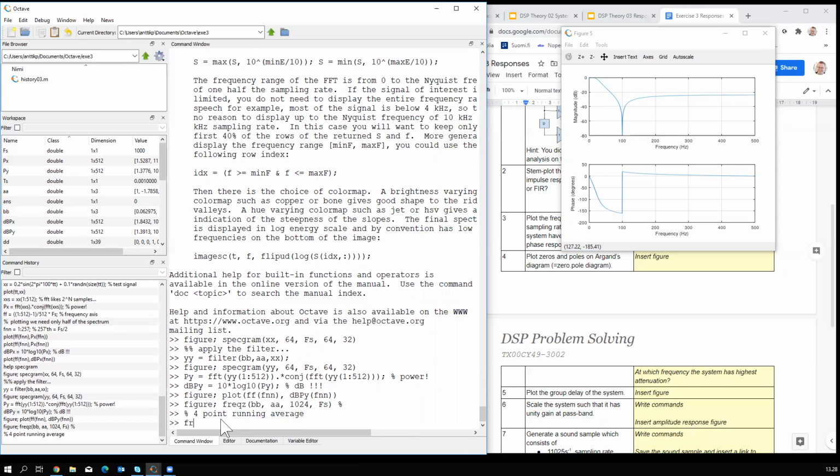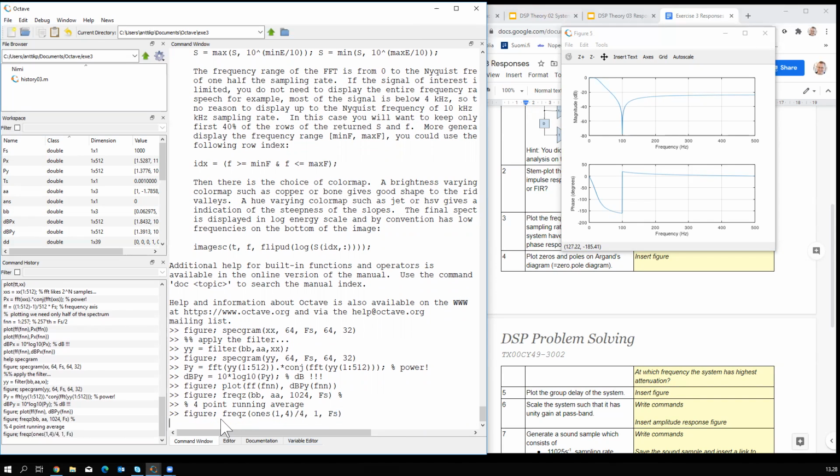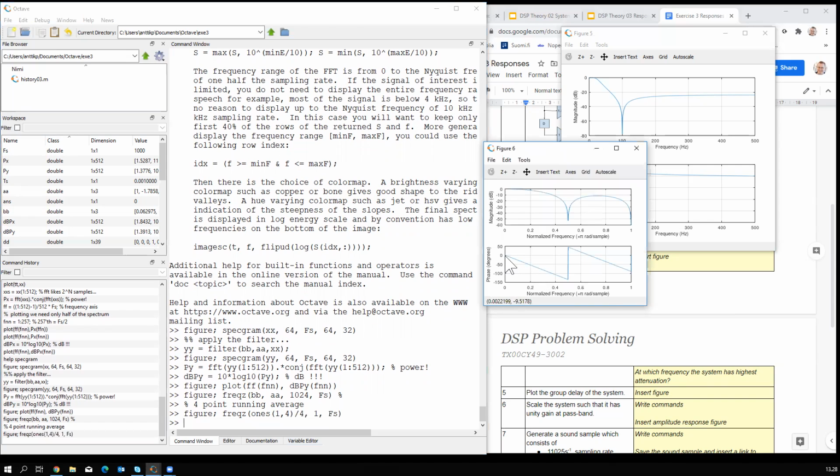Figure, frequency response of B, which is simply 1 times 4 ones divided by 4. A is 1. And I have free sampling rate. So this would be the frequency response of a running average filter.